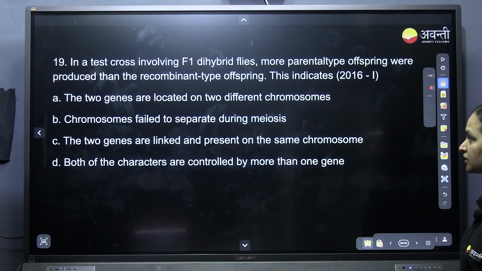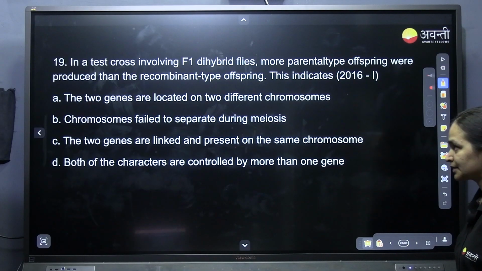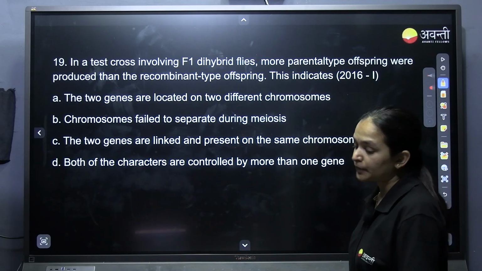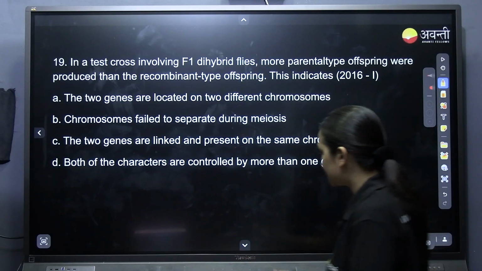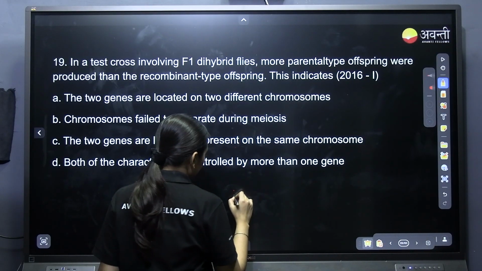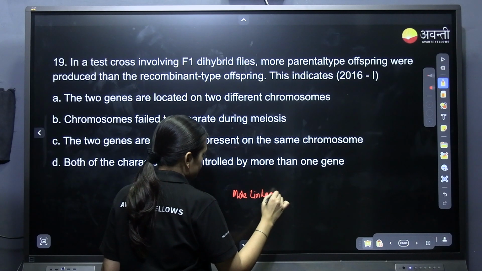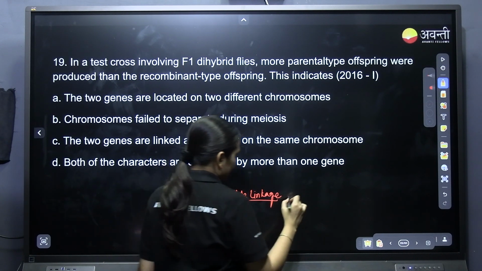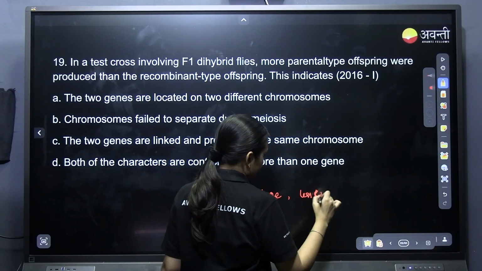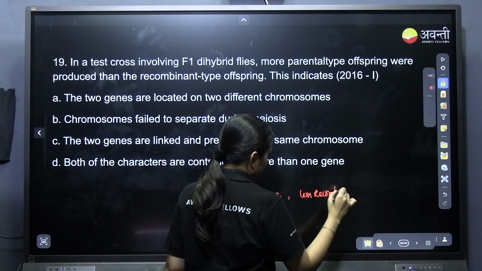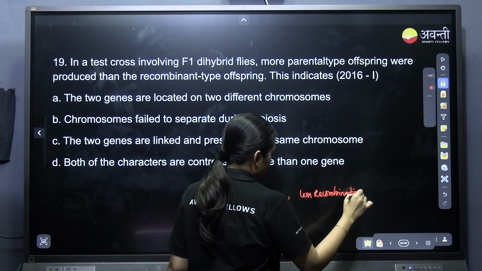In a test cross involving F1 dihybrid flies, more parental type offspring were produced than the recombinant type offspring. This indicates, if we see the parental types, that there is more linkage.